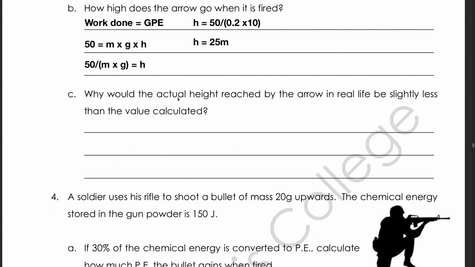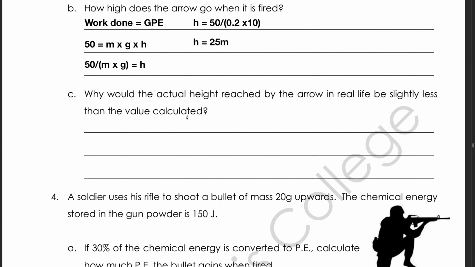Question C. Why would the actual height reached by the arrow in real life be slightly less than the value calculated? The reason here is that whenever we do these calculations, we always assume that energy is being transferred into only the energy that the question is telling us. For example, in this question, we are assuming that all of the work done is being changed only into gravitational potential energy.